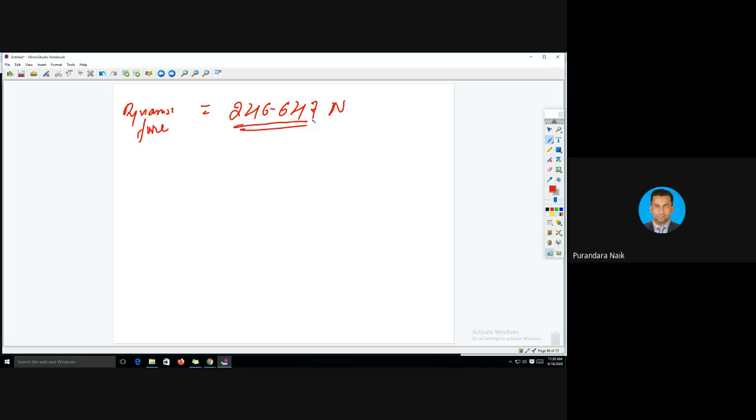This is the dynamic force acting on bearing L. This is how to find out the reaction force or dynamic reactions at two different bearings.